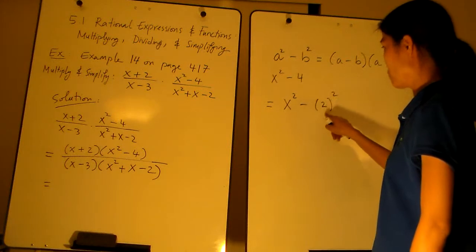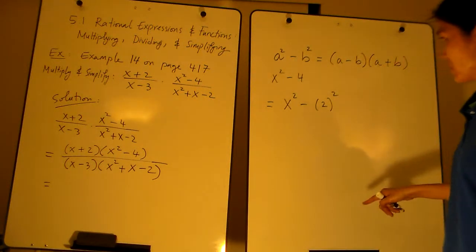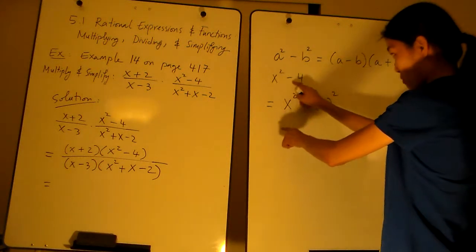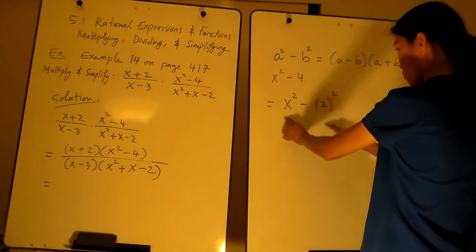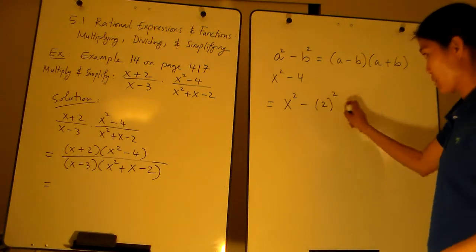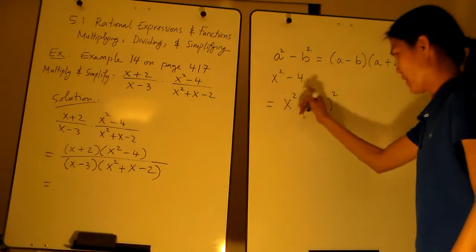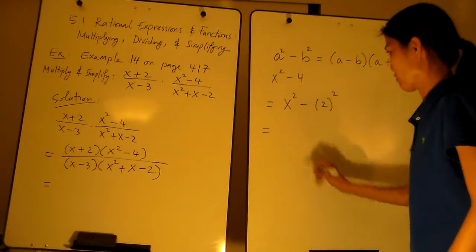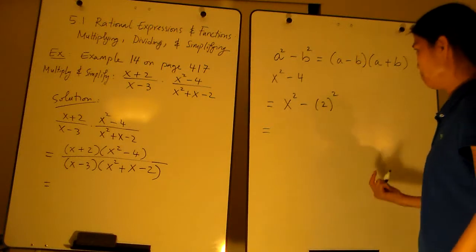So the 4 here is 2 squared. Now x squared minus 4 is written as a squared minus b squared, right? A square in both terms. Now I can factor using this formula.